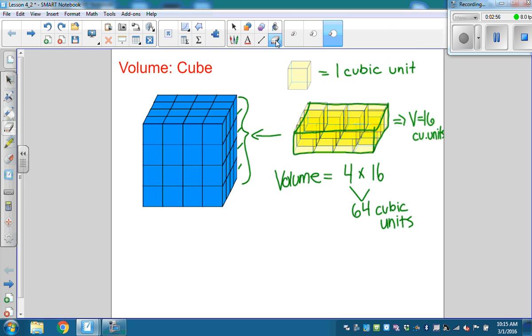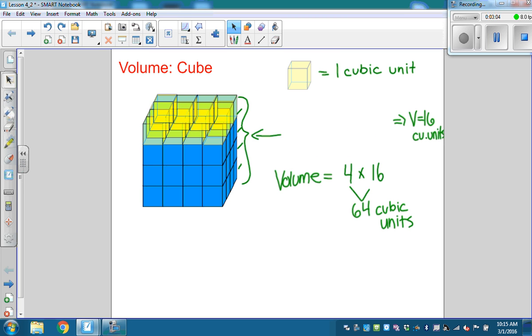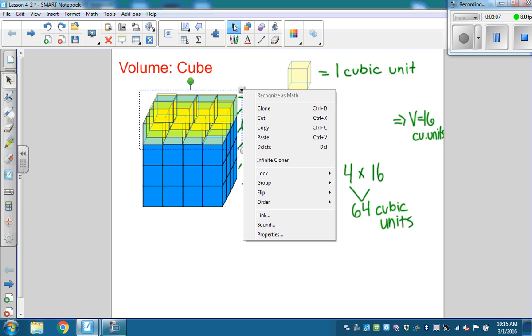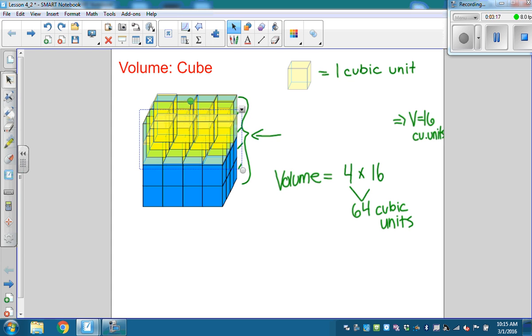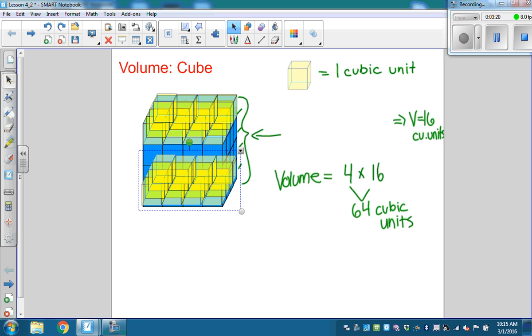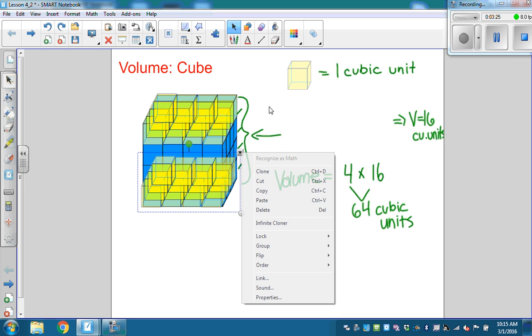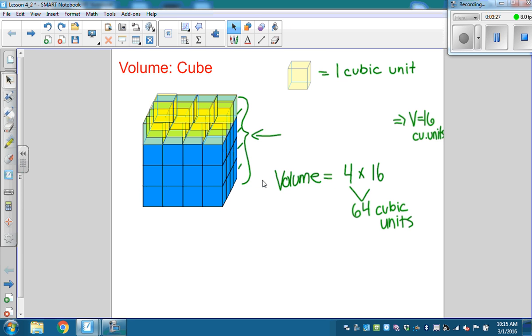In other words, if I look at that yellow slice, I can paste it over and over and over, and it would fit into this blue figure each time. But as I do that, it's a little hard to visualize, so I'm going to leave it just on the top level. So the idea of volume is how many cubes can you fit into a box.